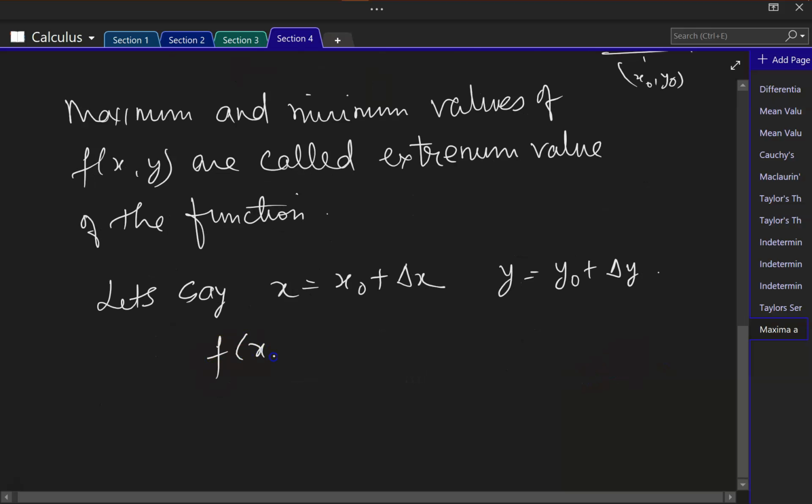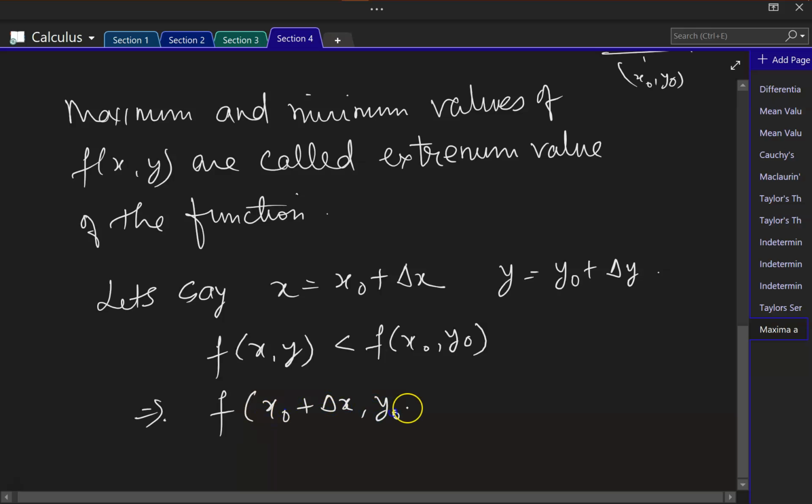So let's say at every other point nearby to x naught y naught, f is less than f of x naught y naught. Now this can be written as f of x naught plus delta x comma y naught plus delta y, and we bring this to the other side, so minus f of x naught y naught, and this would be less than 0.